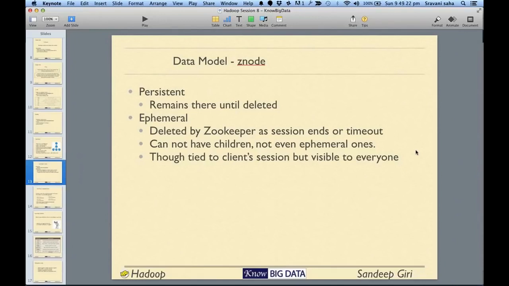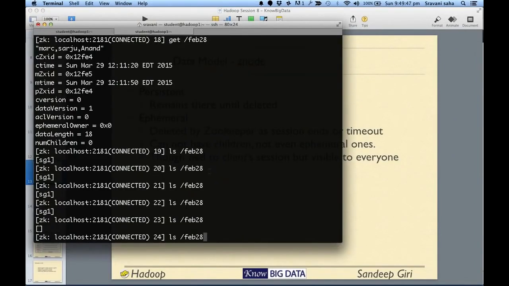Automatically the name of the node is created in a sequence, and the sequence counter is per Z node. Every Z node has a counter, and if you create a sequential node under that node, the name of the node is generated by Zookeeper based on the counter of the parent. Right, now let's create a node here called sequential under fab28.